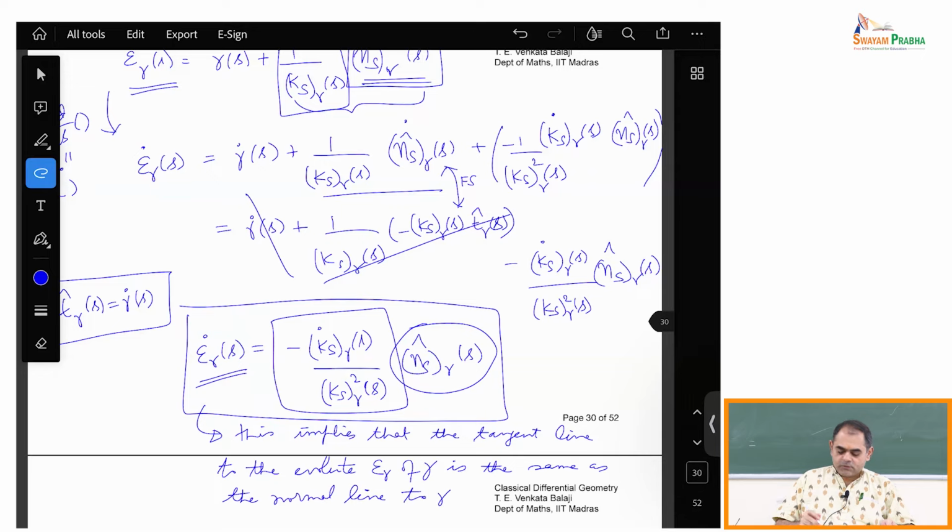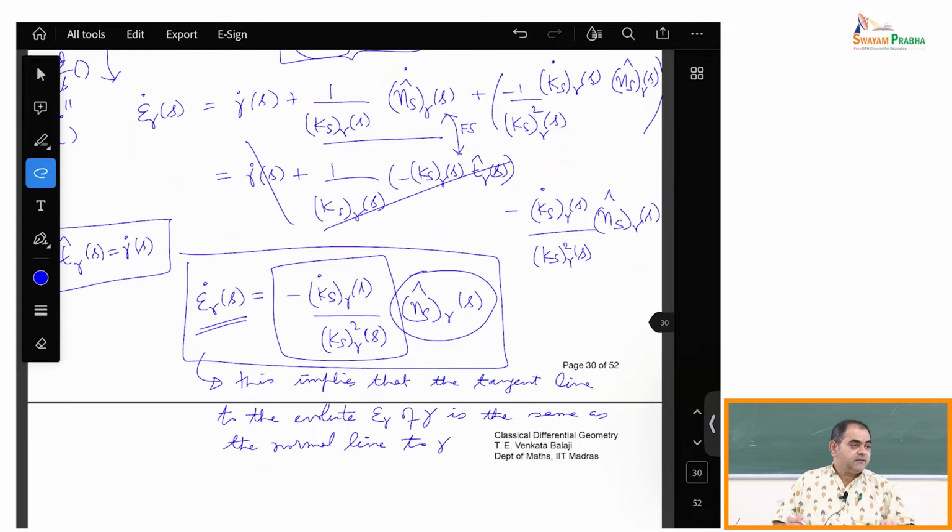So this is the proof that the tangents of the evolute are normals of the original curve.